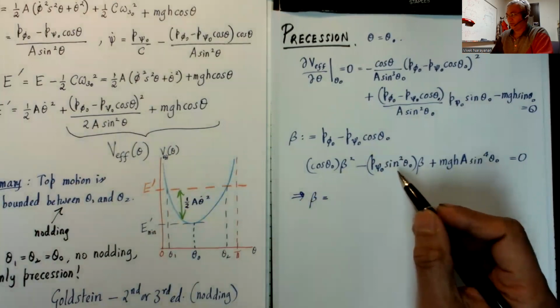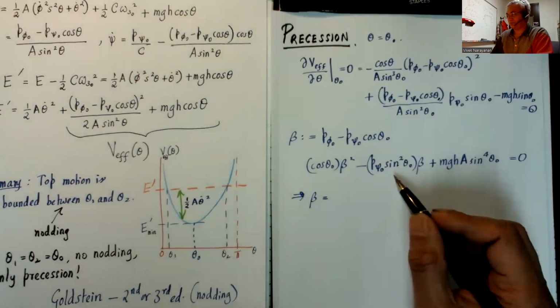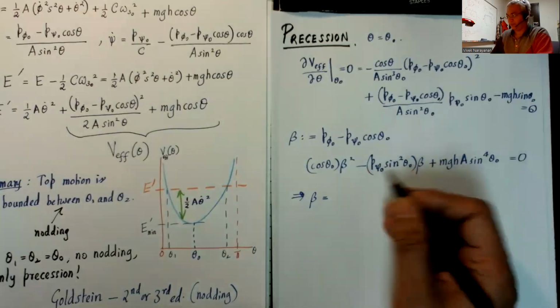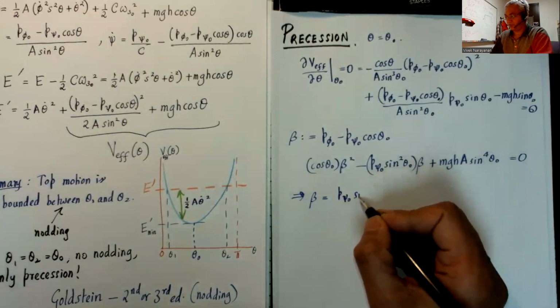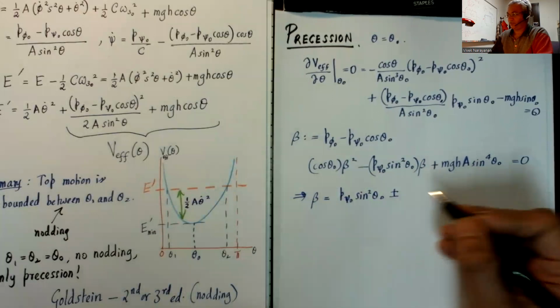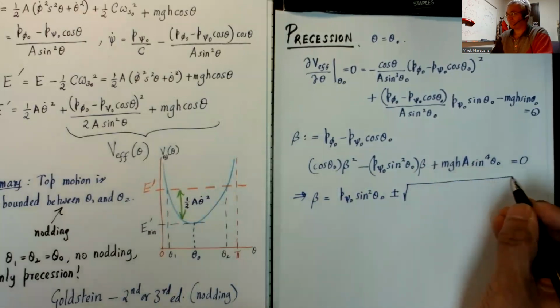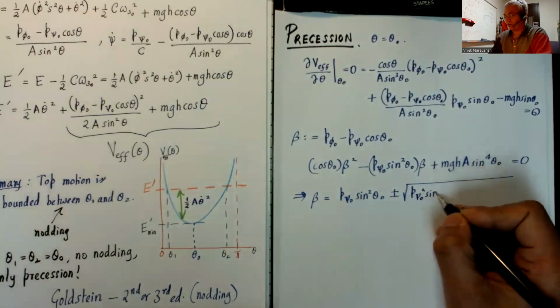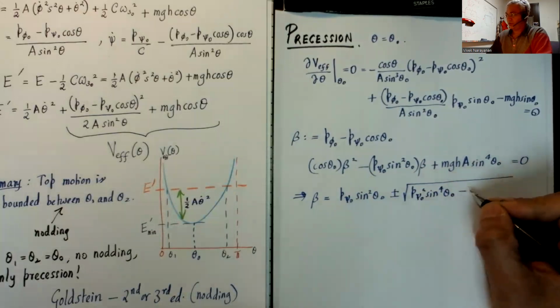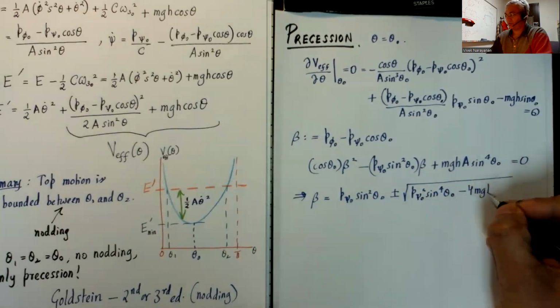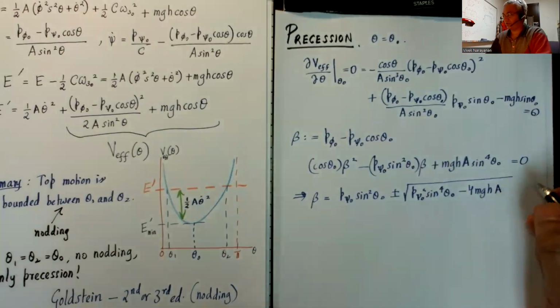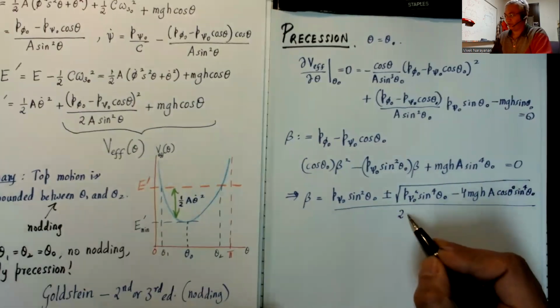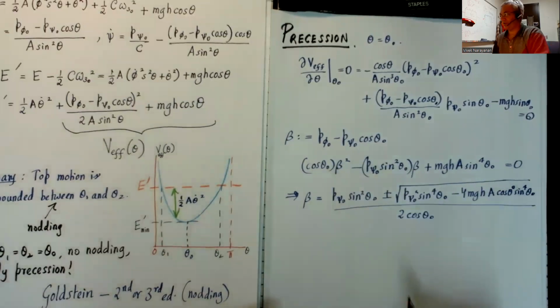Beta equals negative b, which is this, negative b will be positive this, plus or minus square root of b squared minus 4 times this term and that term multiplied together, divided by 2 times the coefficient here. So that's the quadratic formula.